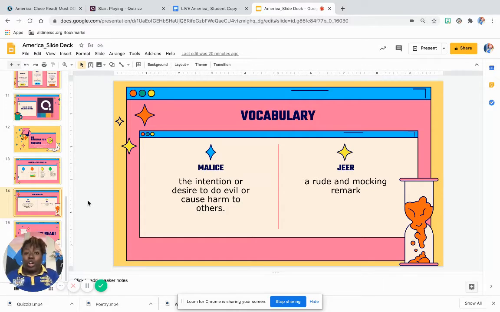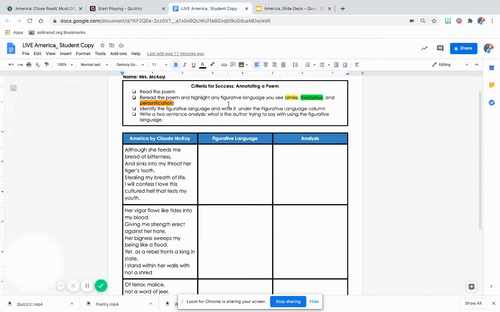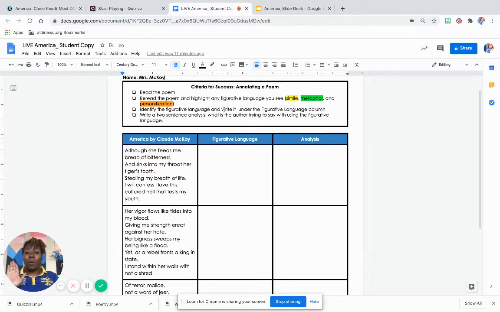So think of jeer as being petty. They're very synonymous, meaning they are similar in the way that you respond. So we're going to see the word malice and we're going to see the word jeer. Without further ado, let's get into it. Let's read with complete understanding because we're going to read it closely. All right. So, first things first, read the poem in its entirety.